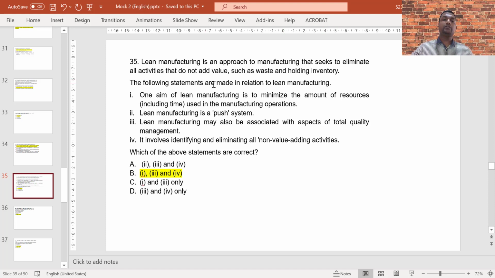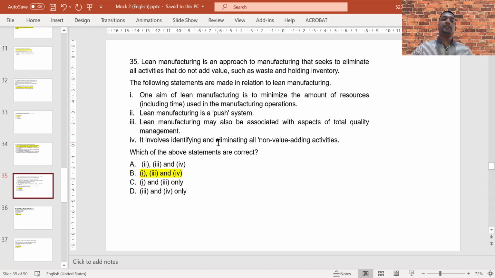The following statements are made in relation to lean manufacturing, and the question is asking which ones are correct. Let's read the four statements. One, an aim of lean manufacturing is to minimize the amount of resources, including time, used in the manufacturing operations. Two, lean manufacturing is a push system. Three, lean manufacturing may also be associated with aspects of total quality management.